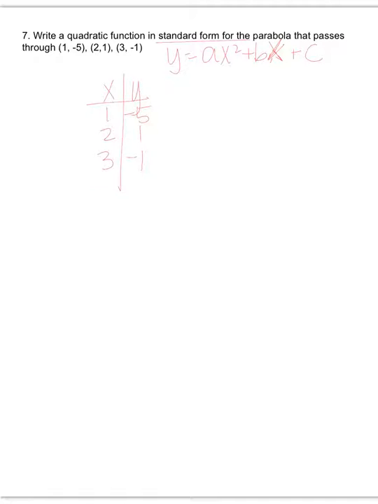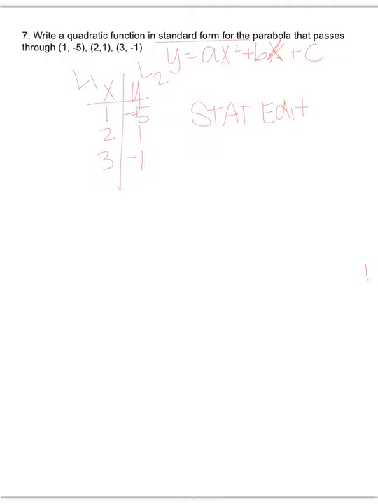into your calculator. So on your calculator, you're going to go to Stat, and you're going to go to Edit, and you're going to type in your x values in L1, your y values in L2.